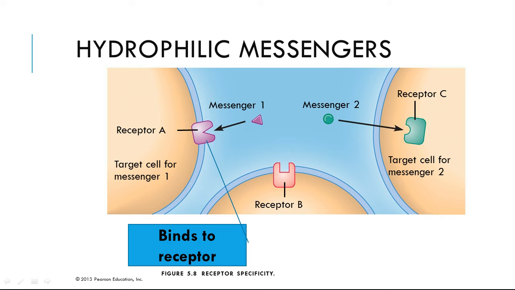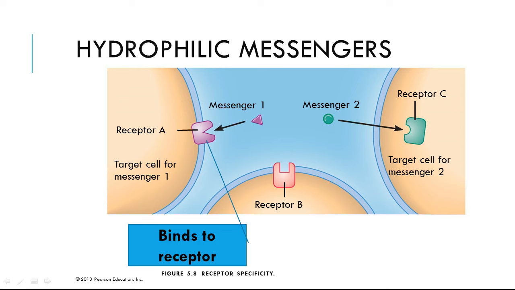Would it bind to B? Yes. Just any hydrophilic messenger could bind to receptor A, receptor B. Could it bind to receptor C? No. Because this what type of messenger is this representing? A lipophilic. Okay, so a hydrophilic messenger wouldn't be able to get into the cell.